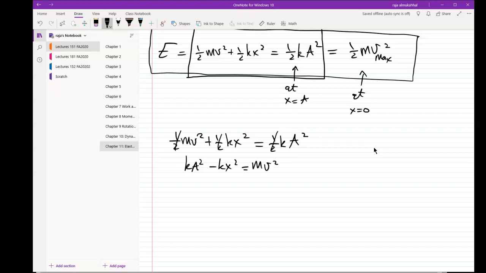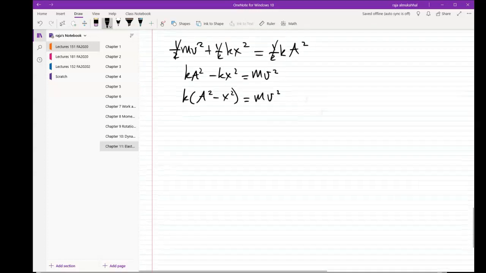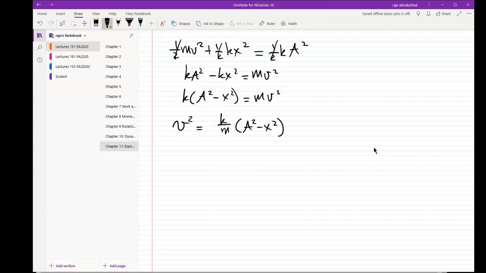You can do it your own way. So in this case, take k as a common factor. I have a squared minus x squared equals mv squared. And then solving for v squared, that's k over m times a squared minus x squared.